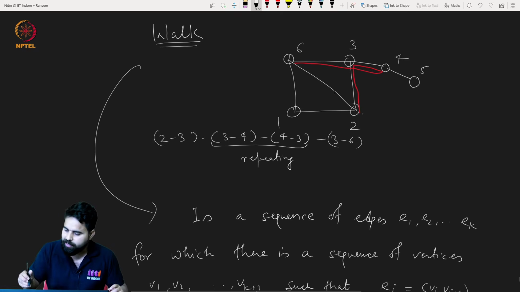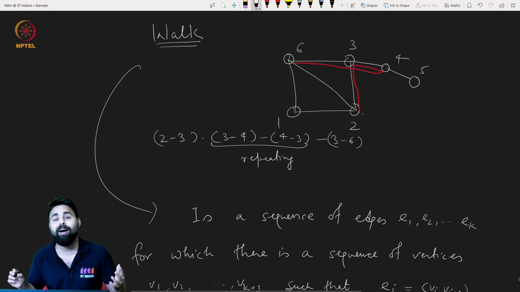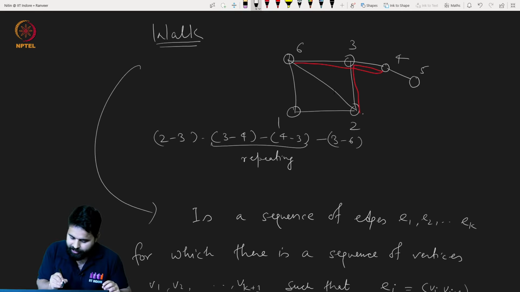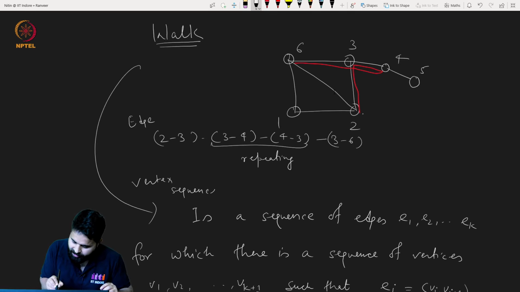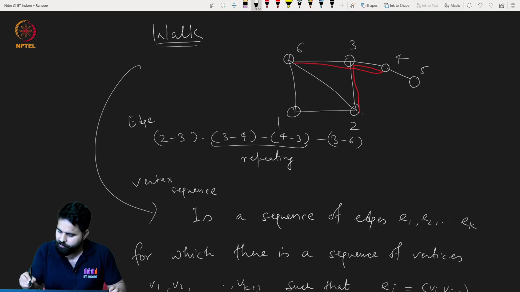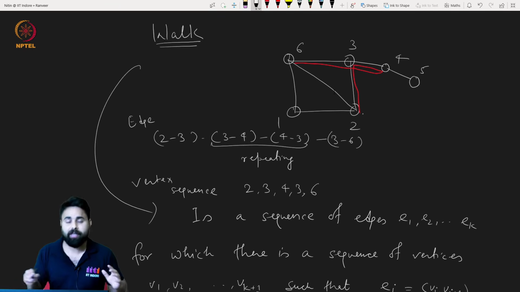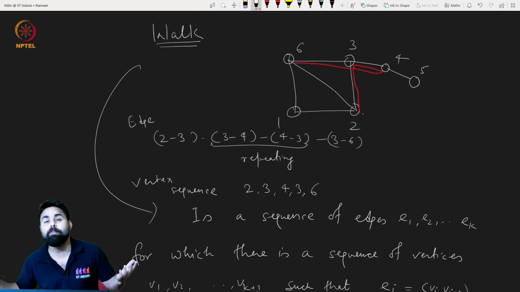For example, what will be the corresponding vertex sequence? For this walk it is 2, then 3, then 4, then again 3, and then 6. You see that 3 is repeating.